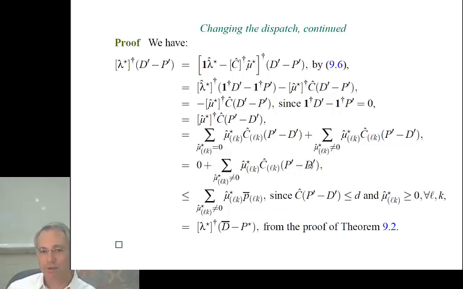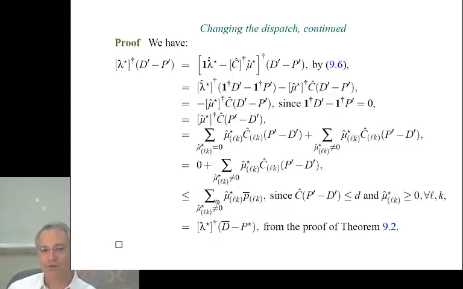Now, since P prime D prime satisfied the system inequality constraints, that means the flow that would have resulted from P prime D prime had to be less than or equal to P over line Lk. Since I'm multiplying that by a non-negative number, each term here is less than or equal to mu hat star Lk times P over line Lk.